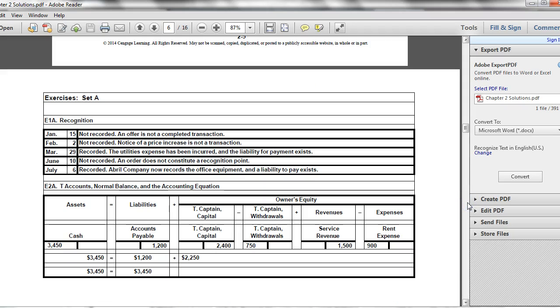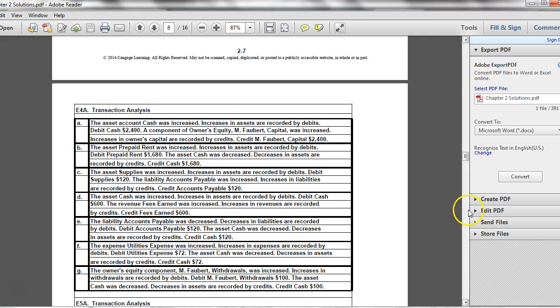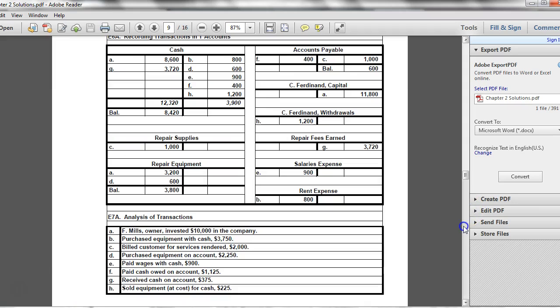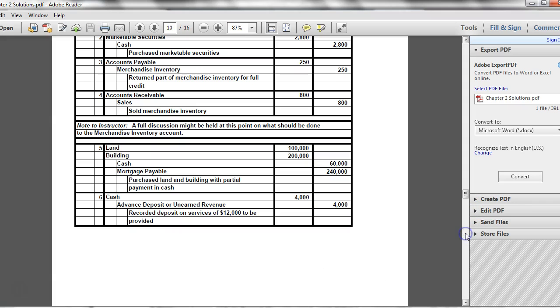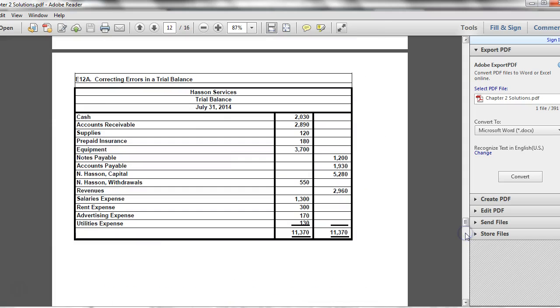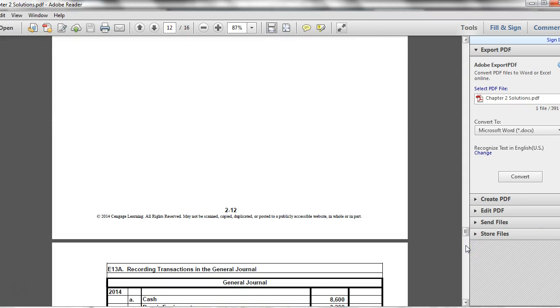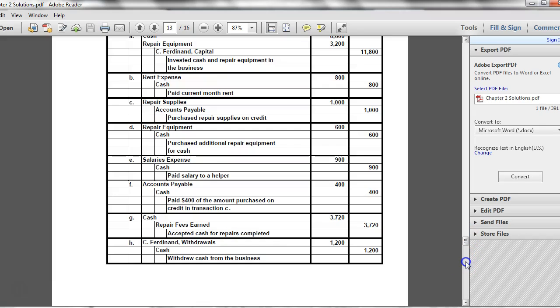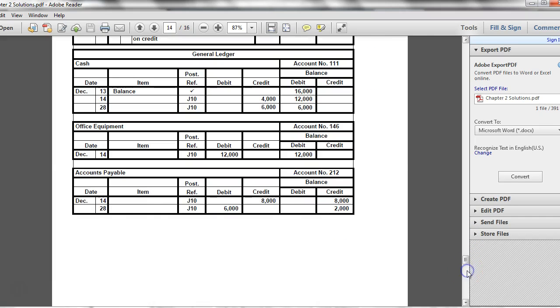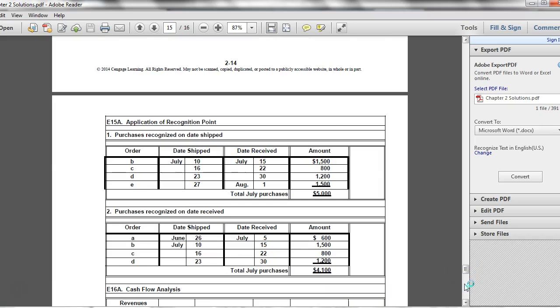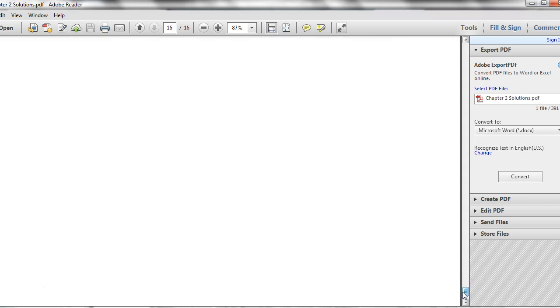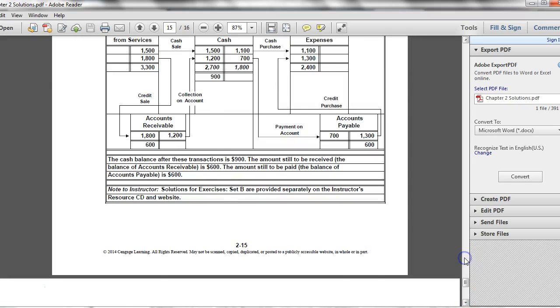What's next? Unearned revenue will have a credit balance, perfect. Now, capital. A normal capital account has what balance? Credit balance. And so that's going to go on the credit side, right? What's next?